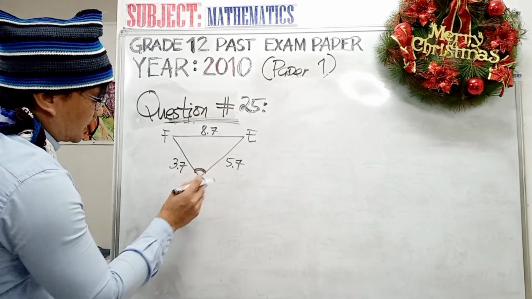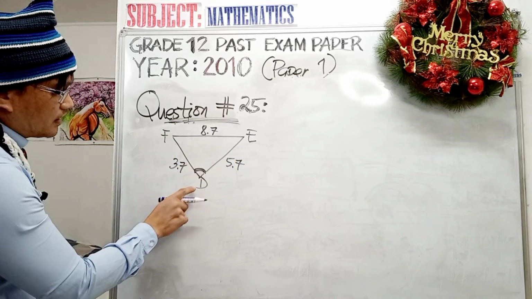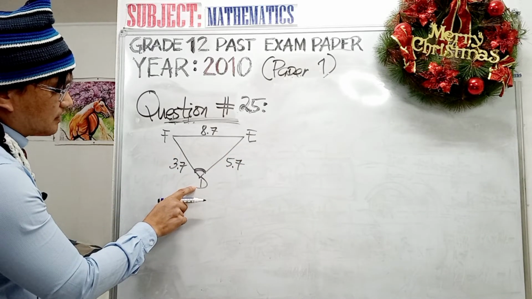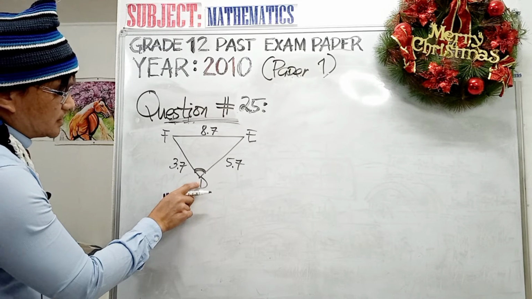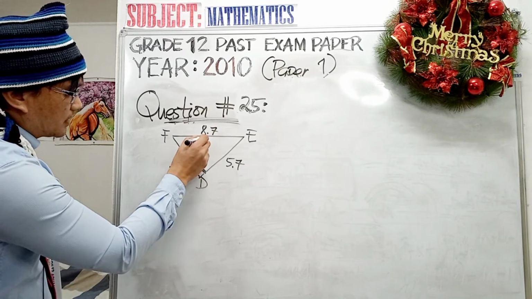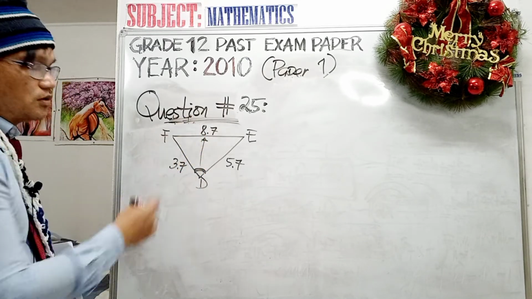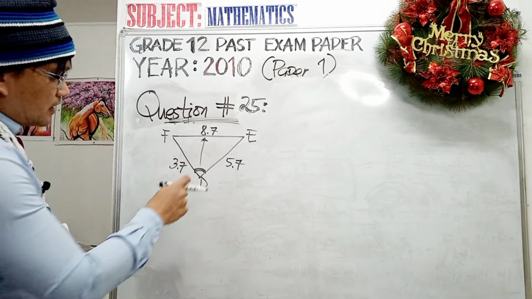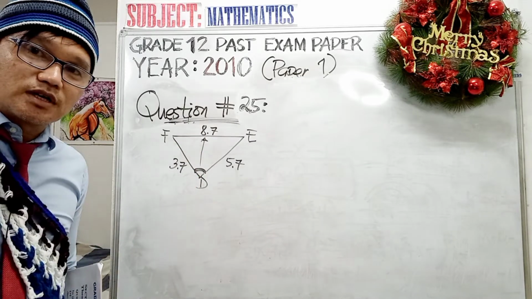Now take note that whenever we are naming an angle, the middle letter is the angle, here D, and the opposite side of that angle is always the longest side, especially if we use the cosine rule.